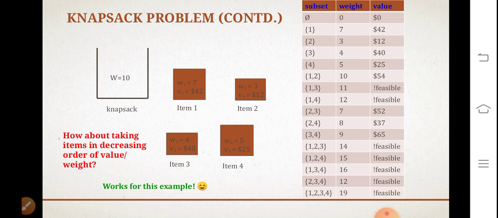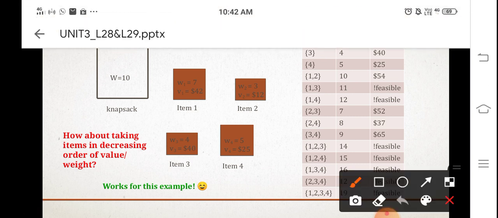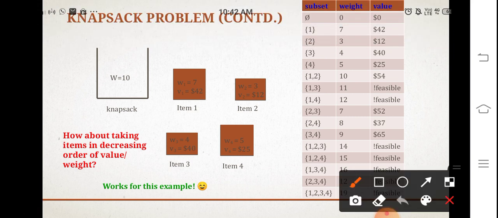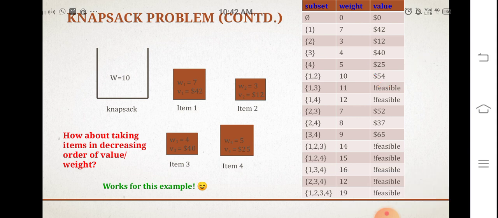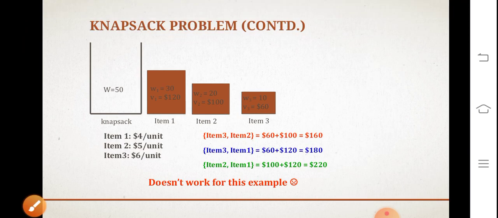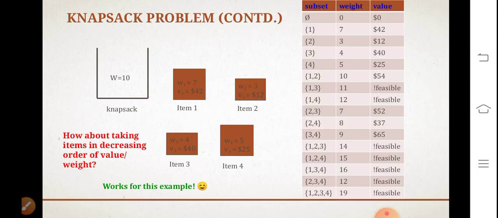Here the list shows which subsets we are adding, what the weight of them is, and what the value of them is. So here the very first is the empty subset, with zero weight and zero value. Then subset 1 has weight 7 and value 42. Similarly, for 2, 3, 4 the values are 12, 40, 25.